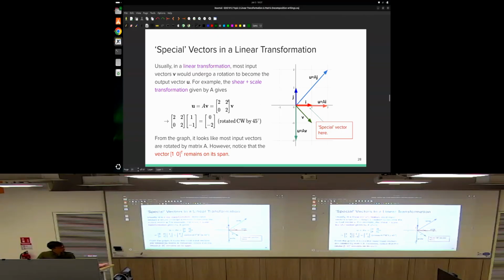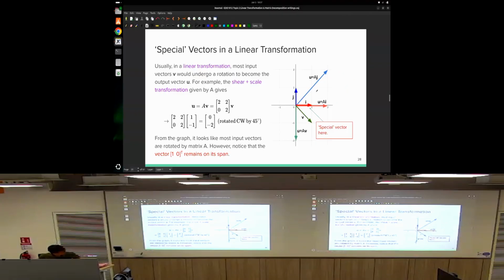Then your vector j becomes (2, 2). So (2, 2) is this guy. You can see that the original vector space, which is just this 1 by 1 square here, becomes this parallelogram that looks something like that.